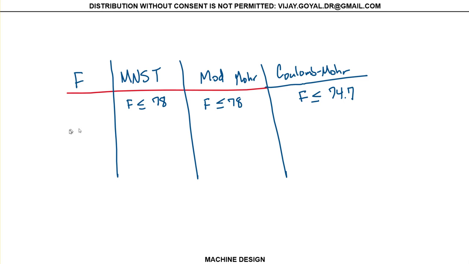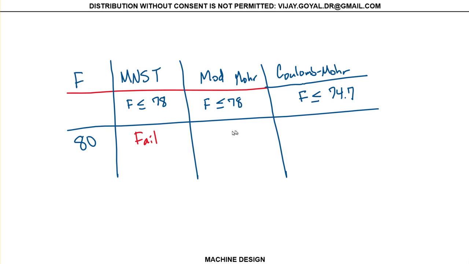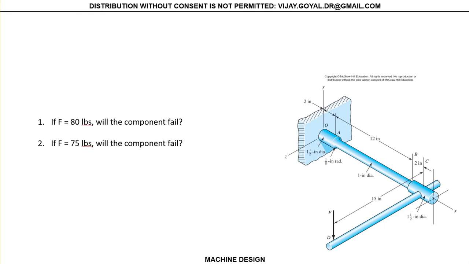This one said F has to be less or equal than this value. So the first load that they're asking is 80. If this is 80, this definitely is above this value, so this failed. It's a failing point. The structure also fails here, also fails here. Okay, these are all failing. The next point load that they give you is 75 pounds.